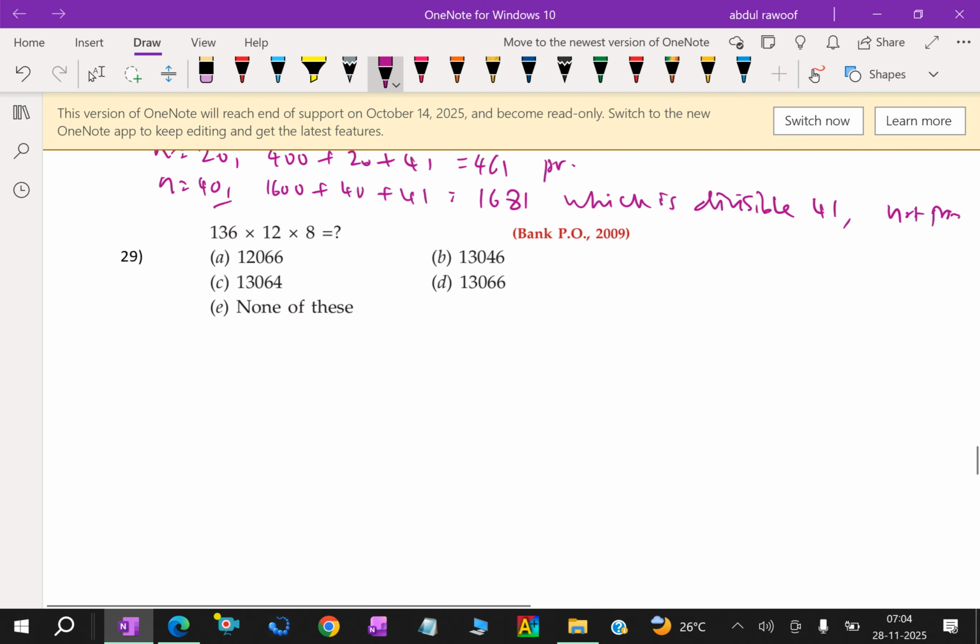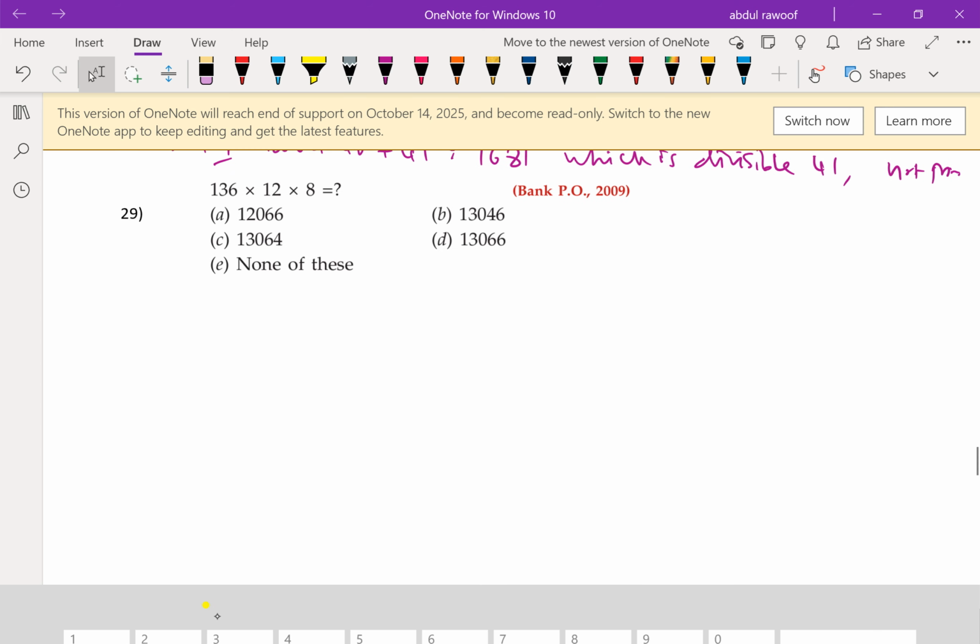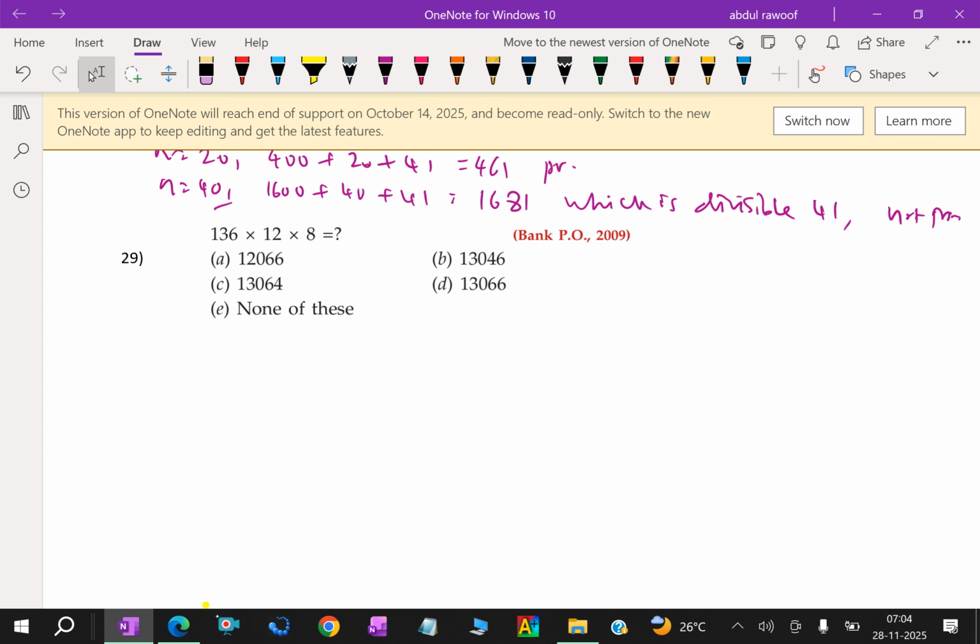Next question. 136 into 12 into 8. 12 into 8 is 96.